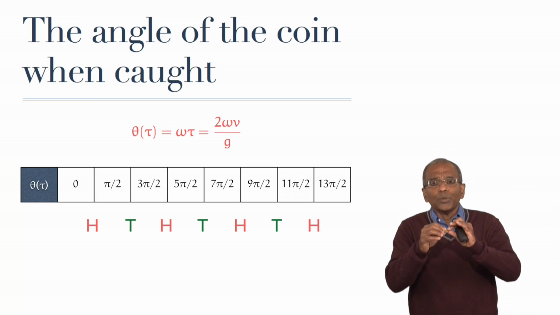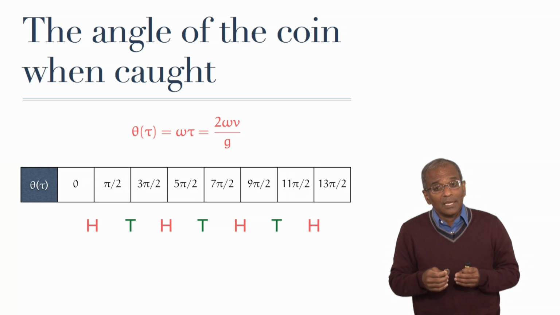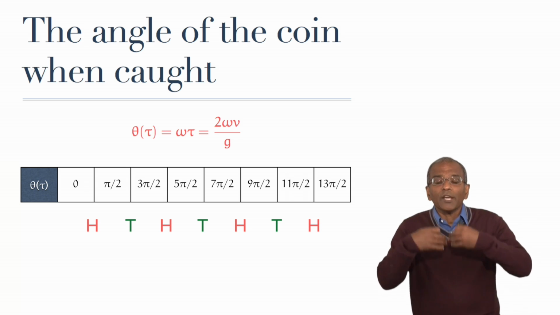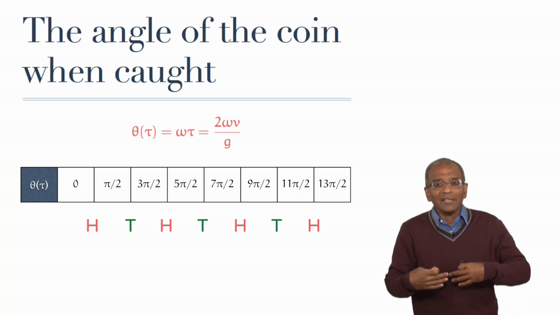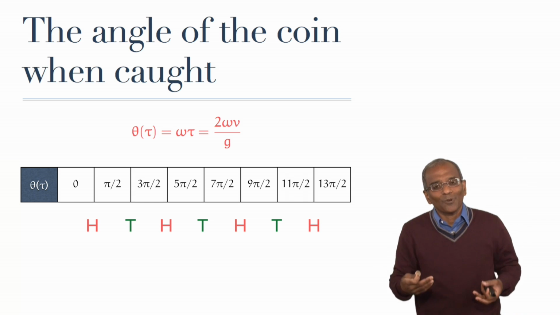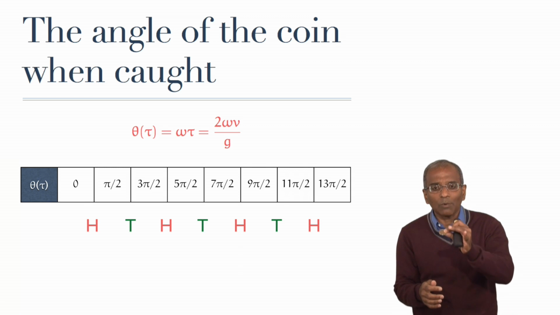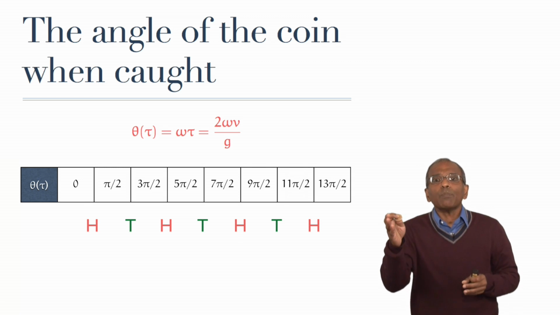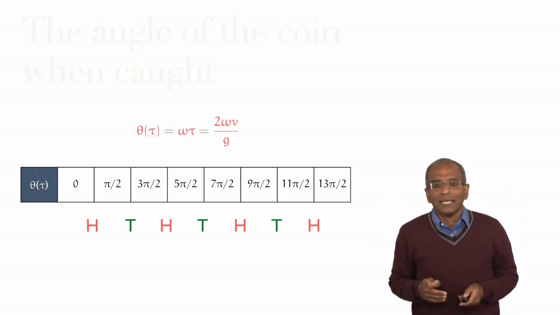From pi over 2 to 3 pi over 2 radians, the coin will show tails. From 3 pi over 2 to 5 pi over 2 radians, the coin again shows heads, then tails, then heads, and so forth. So now we have an understanding of what the outcome of the coin toss would be, depending upon where theta of tau is in this range of possibilities.